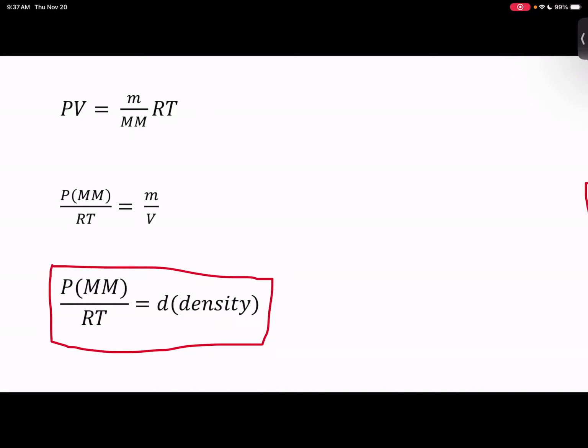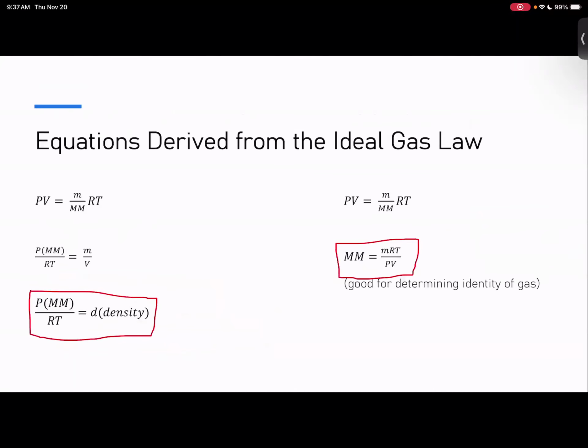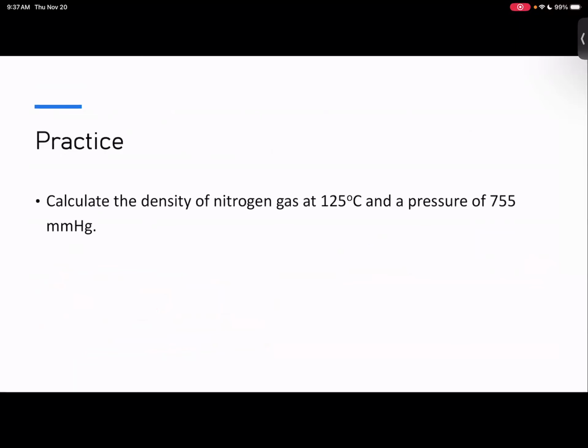So just like the last few days, the main thing I'm going to do is work practice problems, because I feel like that is the most useful use of our time. Calculate the density of nitrogen gas at 125 degrees Celsius and a pressure of 755 millimeters of mercury. The density is mass over volume, and that is what we want to calculate.